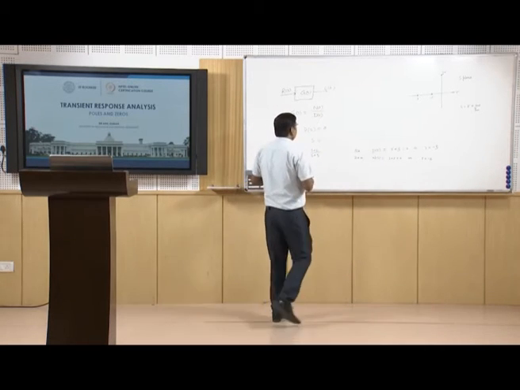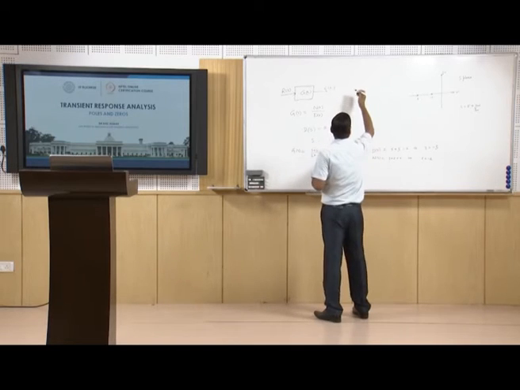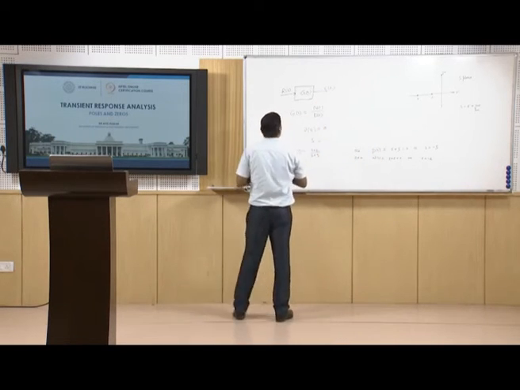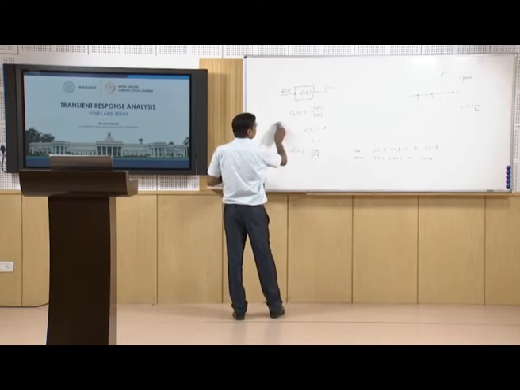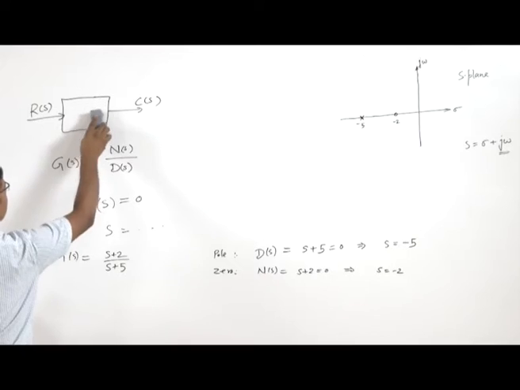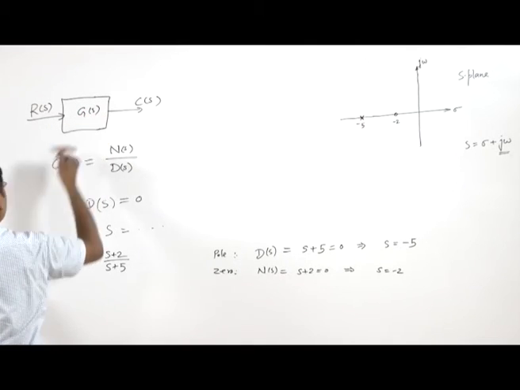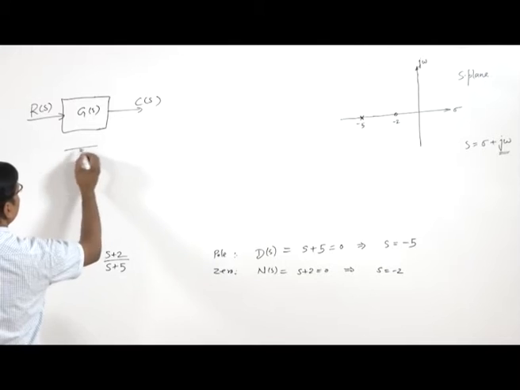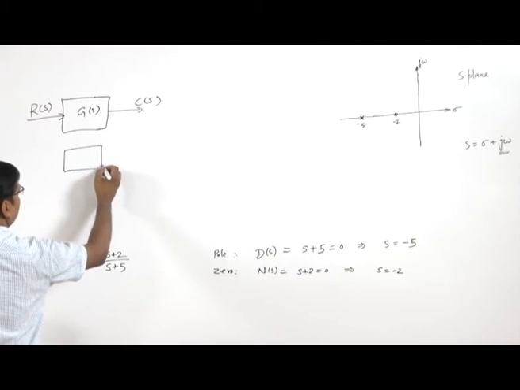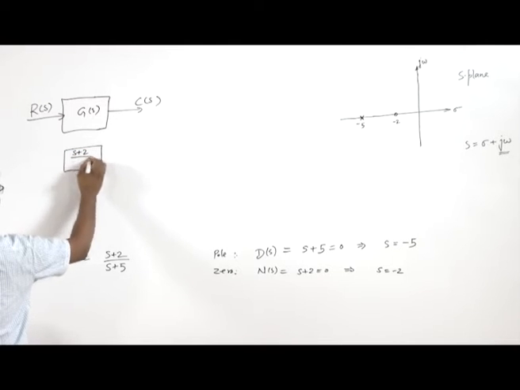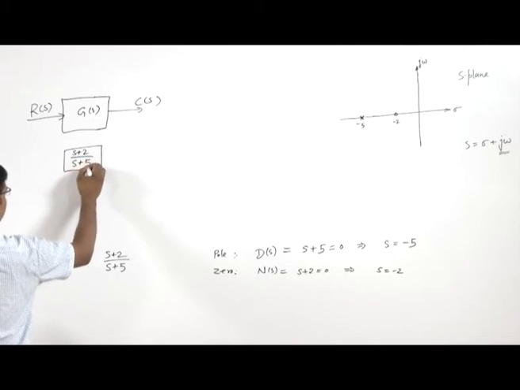So here we have G(s), which is s plus 2 upon s plus 5.